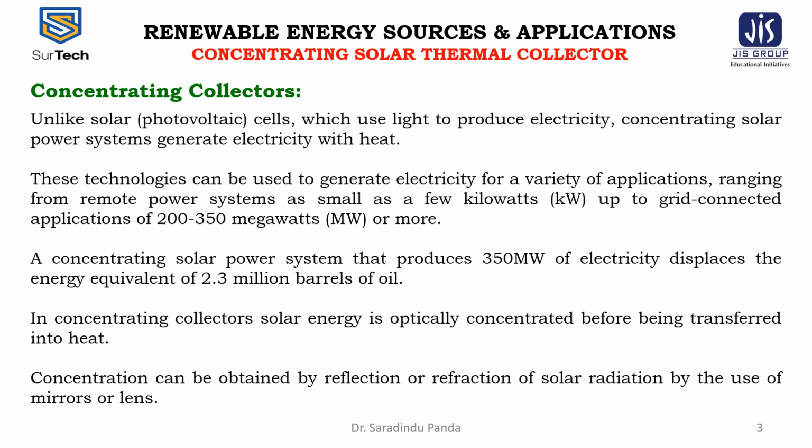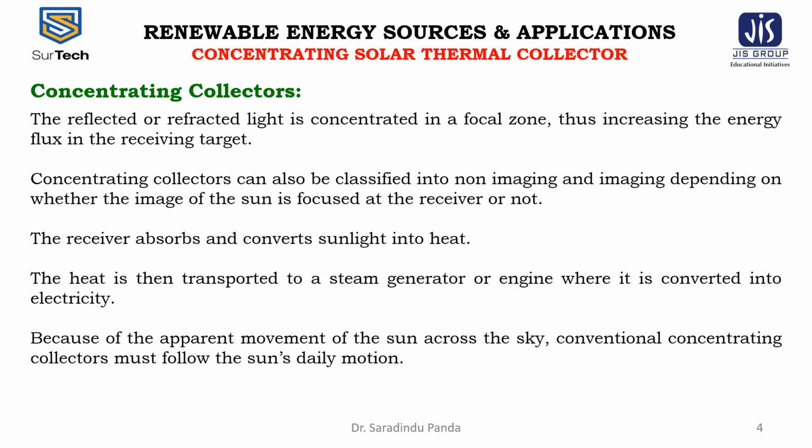In the concentrating collectors, solar energy is optically concentrated before being transferred into the heat. The concentration can be obtained by reflection or refraction of the solar radiation by the use of the mirror or the lens. The reflected or the refracted light is concentrated in a focal zone, thus increasing the energy flux in the receiving target.